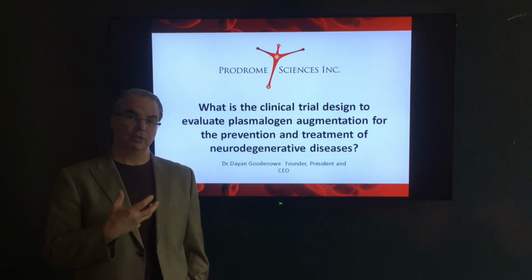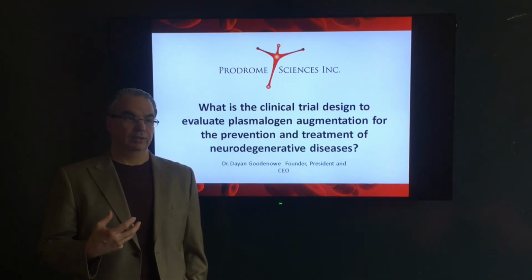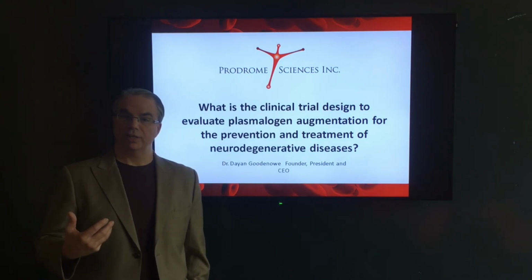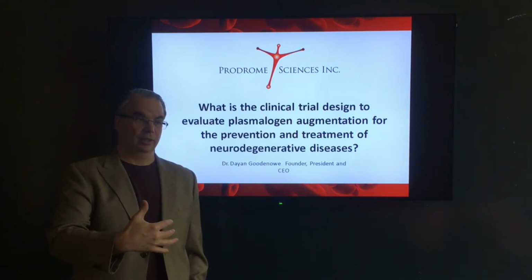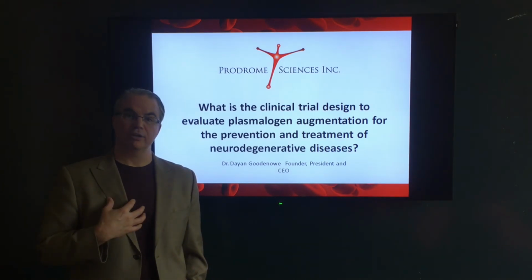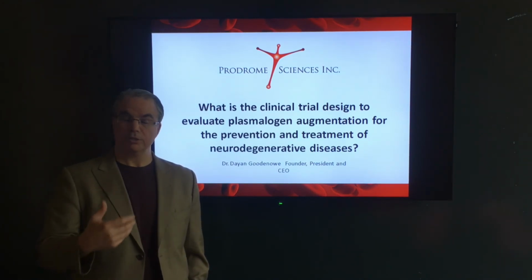So the whole purpose of a community-based trial that is very open-ended is an adaptive clinical trial design so that we have the ability to measure cause and effect in a large enough population to have a high degree of confidence of what the plasmalogen augmentation is doing or what it's not doing.